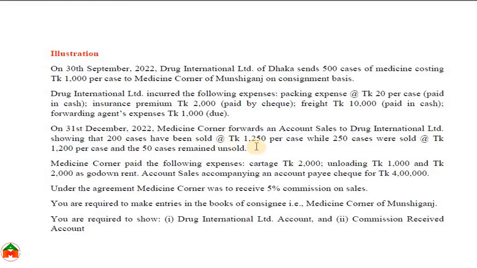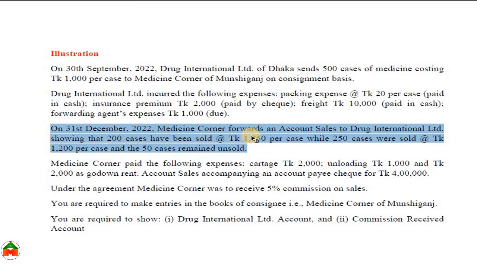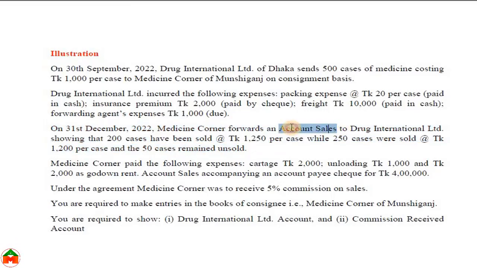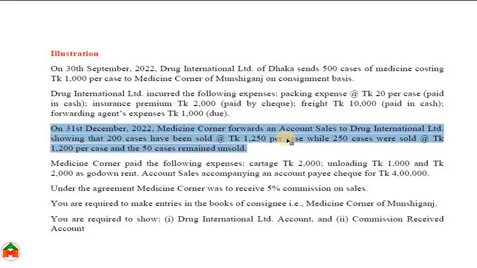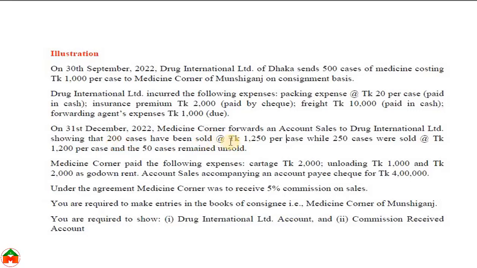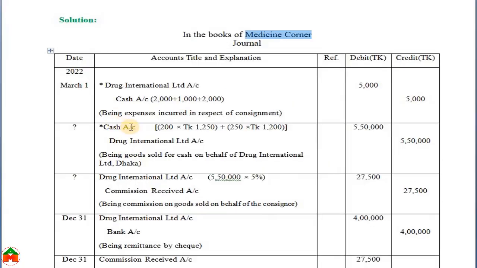Then the second journal would be for the sales proceeds based on the account sales. I would like to remind you that now we are learning about the journal entries for the consignee. We can see 200 books at the rate of taka 1250, 250 books at the rate of taka 1200. Journal is cash account debit and Drug International Limited account.